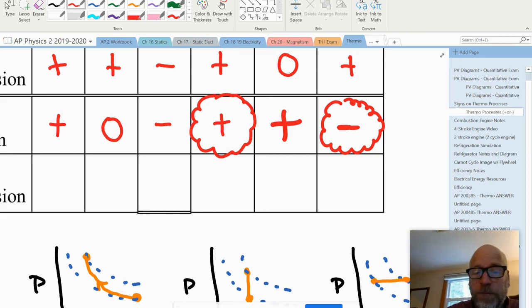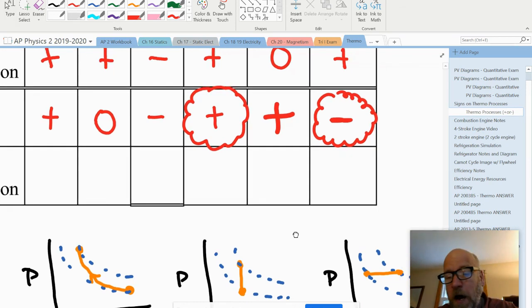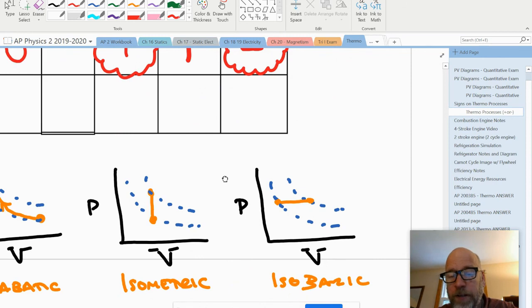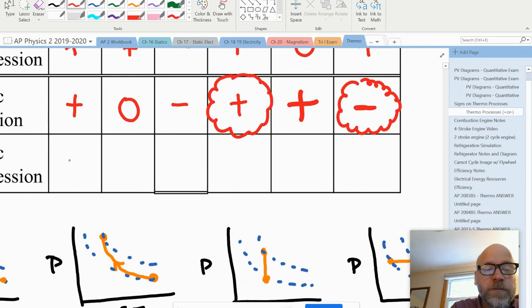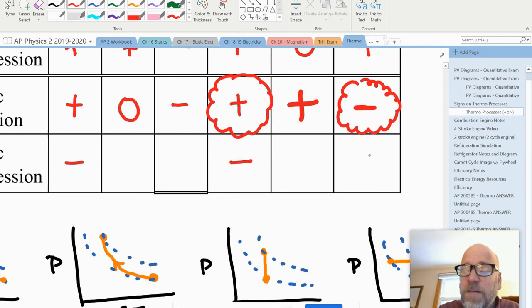On the flip side, during isobaric compression, as I go from right to left, the temperature is going to decrease, meaning the change of energy is going to decrease, even though the work on the gas, because the gas is being compressed, would be positive. That means that the heat had to really flow out of the system during isobaric compression.